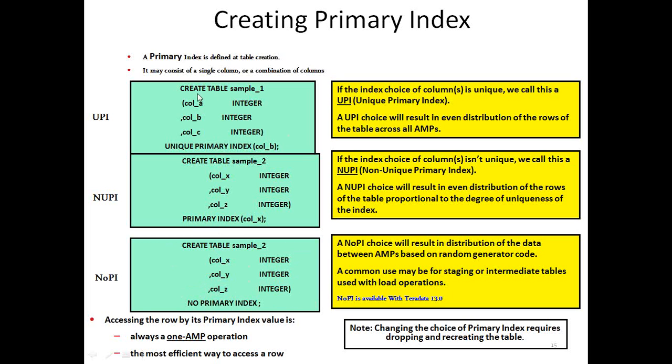We'll see later, but for now you see there is a unique primary index. We can choose a column B as unique primary index here, which means this index won't allow duplicates in column B. And we have a NUPI, non-unique primary index, on column X, which means it can allow duplicates in column X. And then we have no primary index.